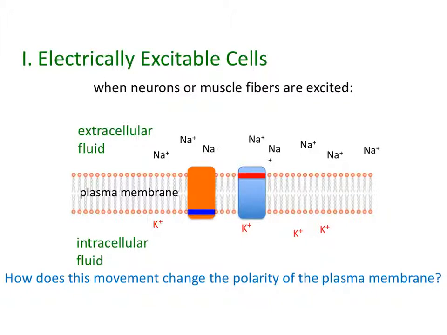When a neuron or a muscle fiber becomes excited, this is caused by a rapid flow of sodium ions across the plasma membrane.